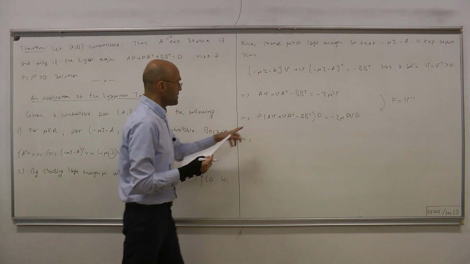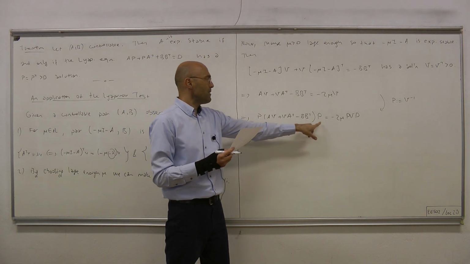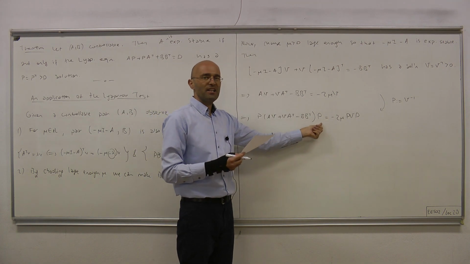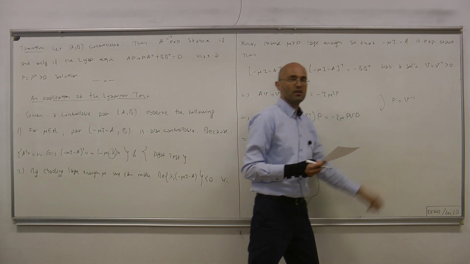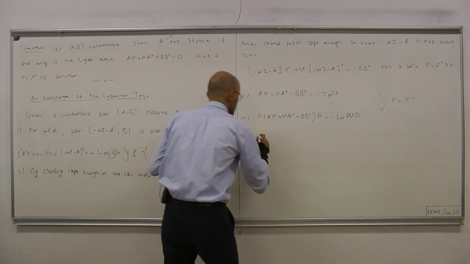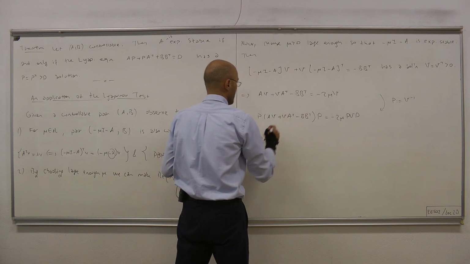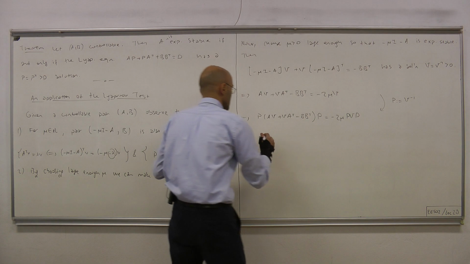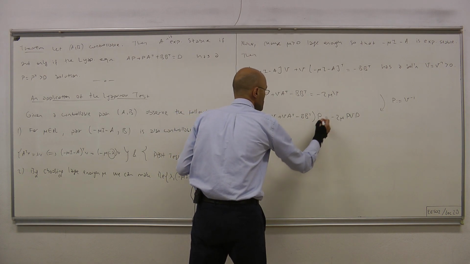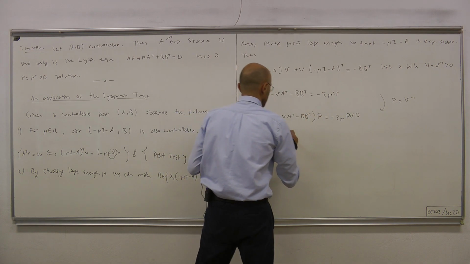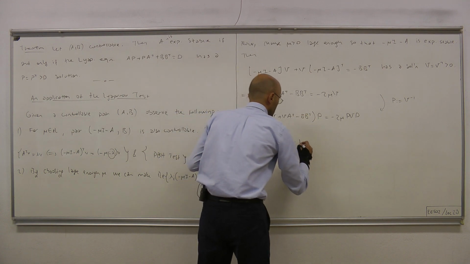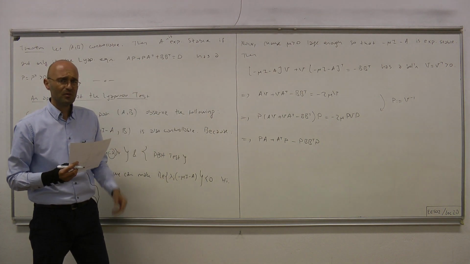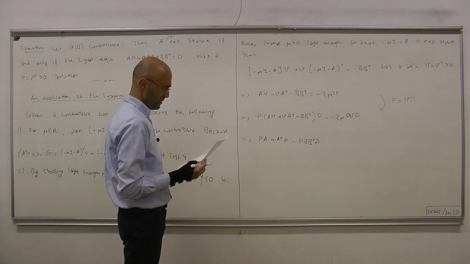So what we have is PAV, and then a P is coming from the right. V times P is the identity matrix because they are inverses of one another. So this produces PA, plus A transpose P, and finally we have this term multiplied from left and right by P, minus PBB transpose P.